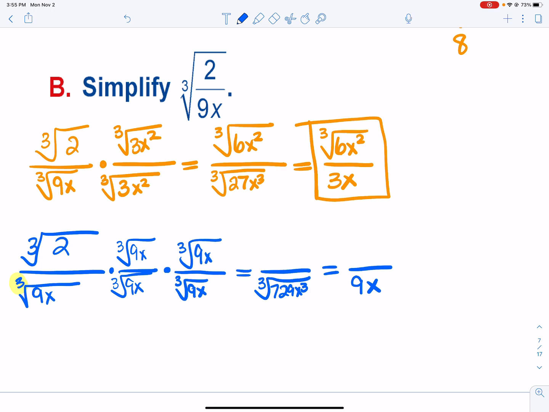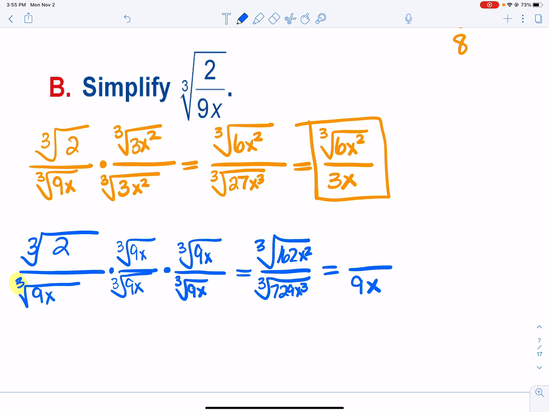So that's 81 times 2 is 162x squared. So now I need to think about a perfect cube that goes into 162. Oh my gosh. Sorry, I'm trying to get my calculator open and it's being dumb.